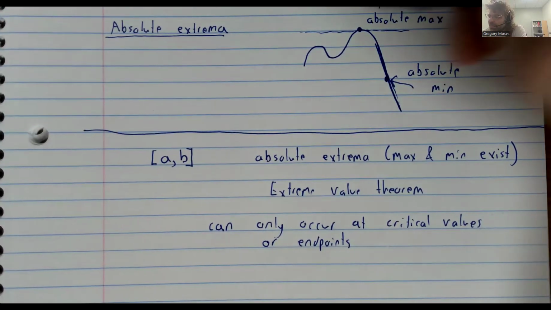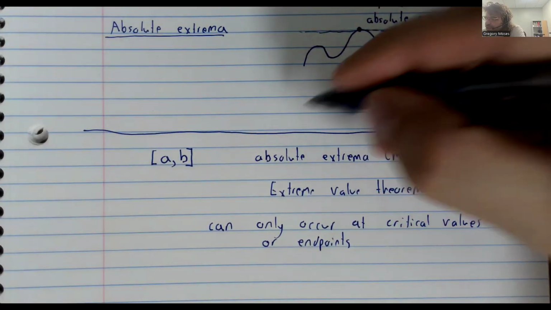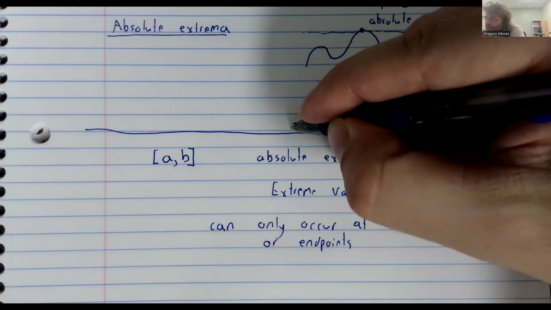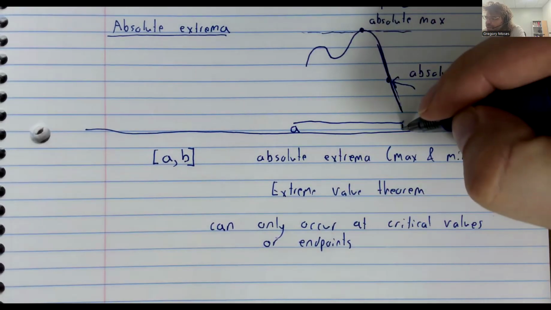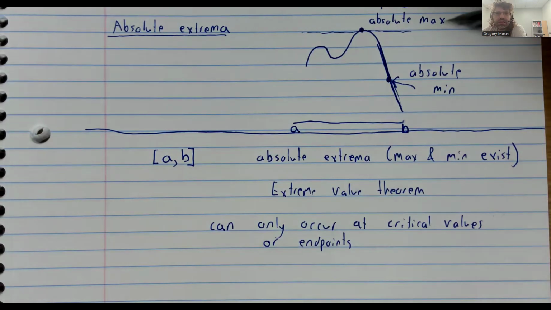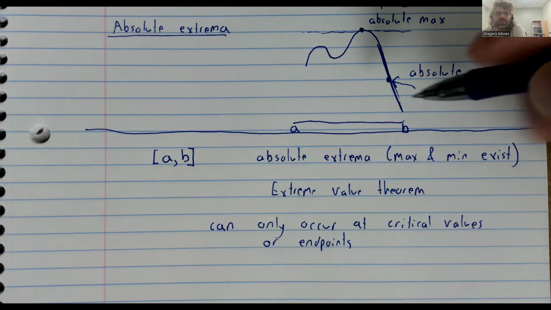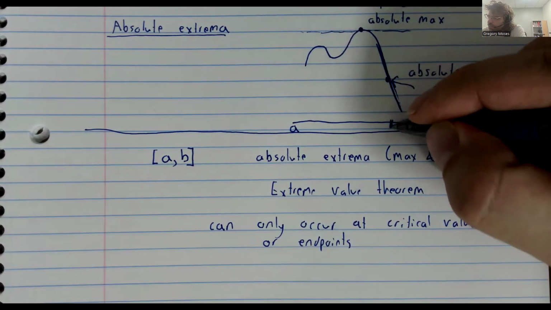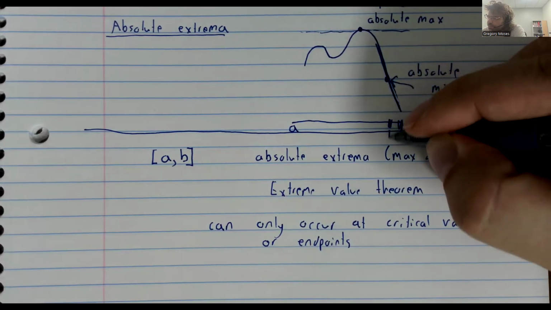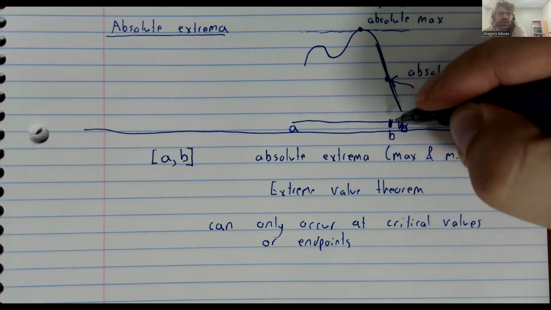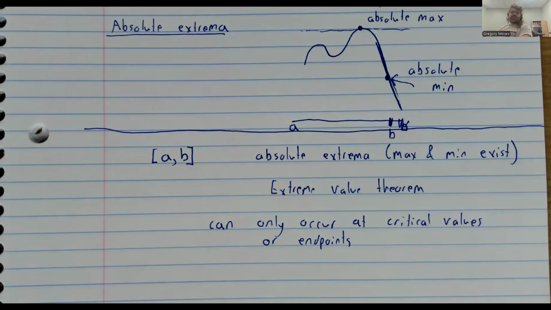Returning to this example, we've got a closed interval from A to B. The absolute max occurred at a critical value. The absolute minimum occurred at B. It occurred at an endpoint.